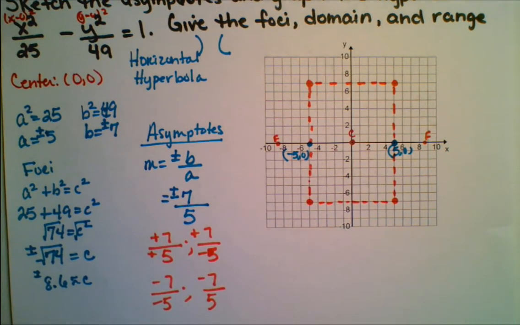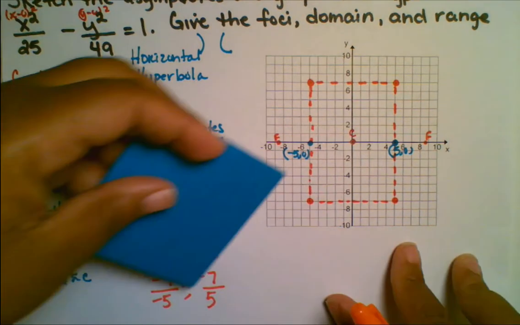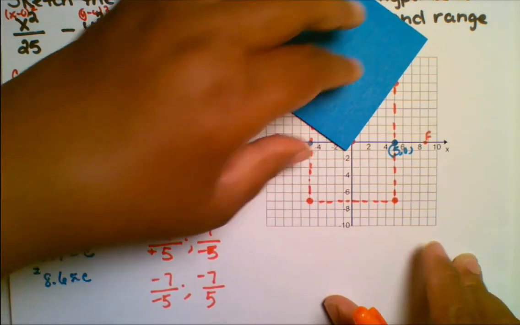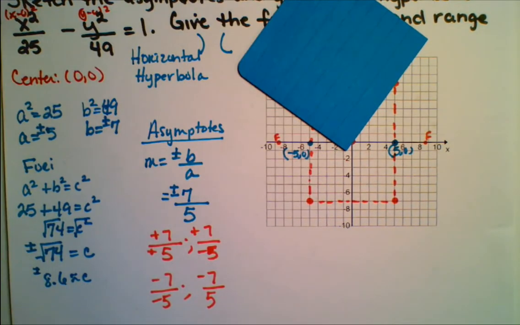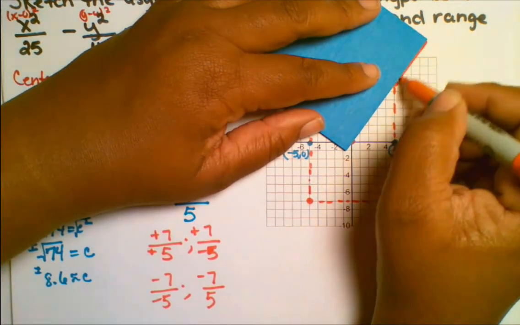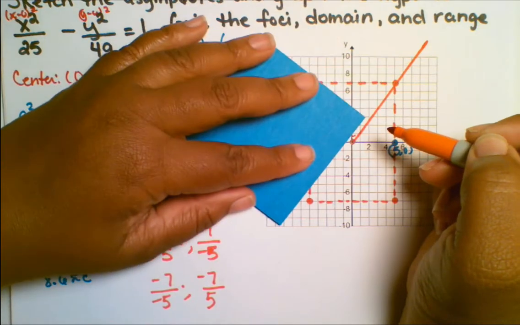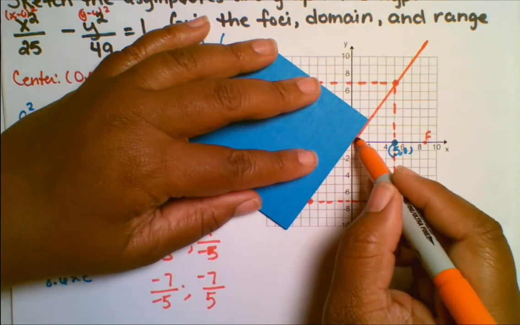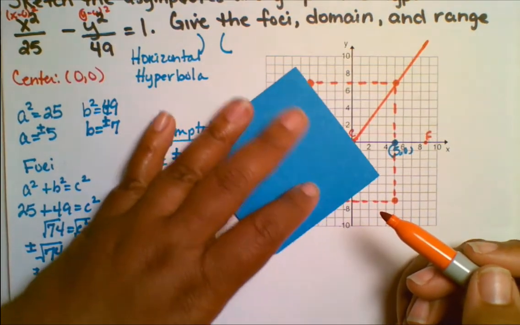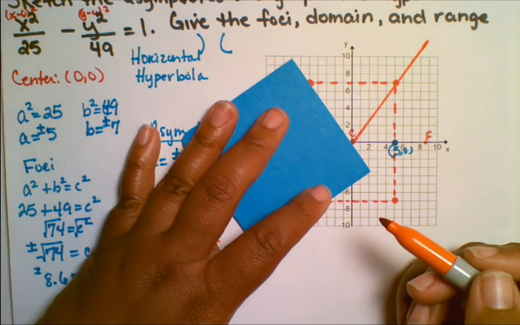Let's see if I can find a straight edge so we can make our line. So you're going to create an X and we're going to extend that out. These are our asymptotes right here.